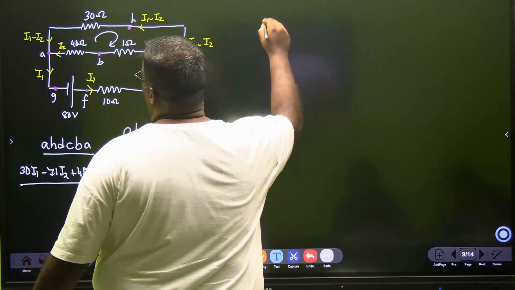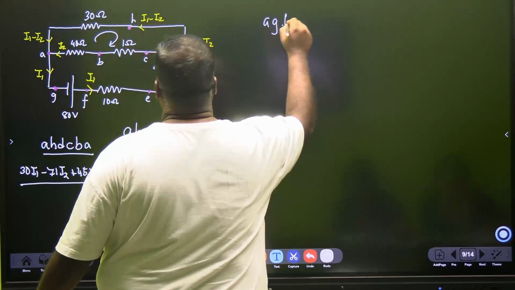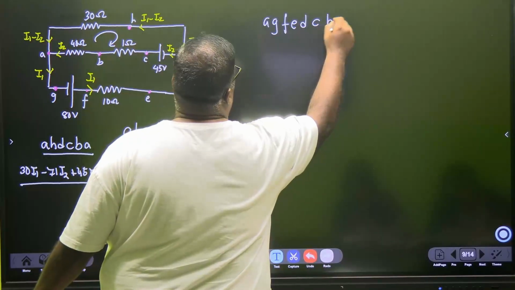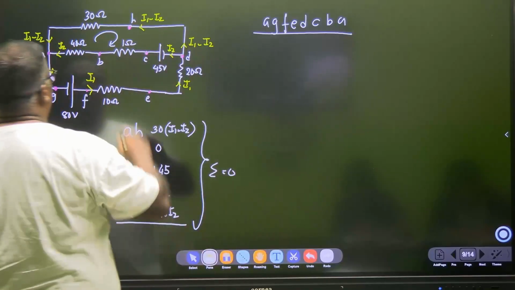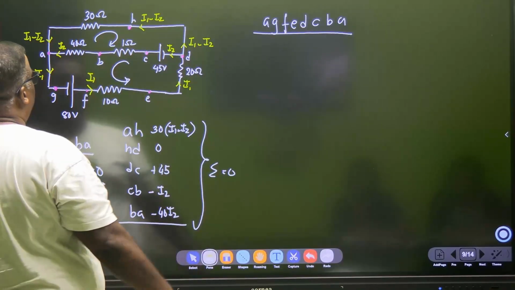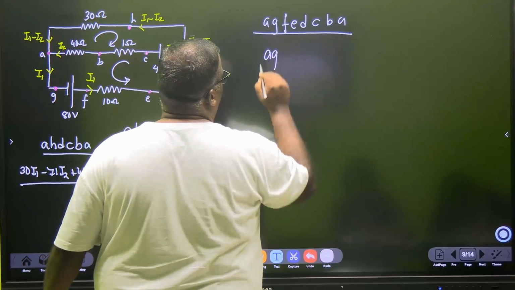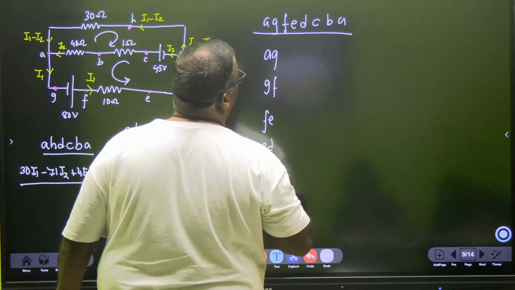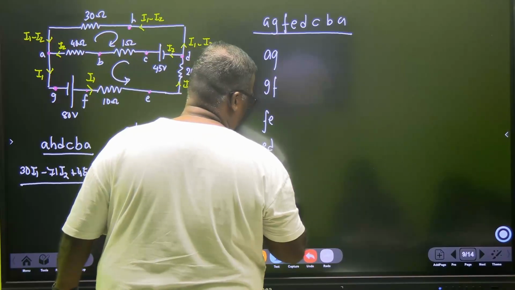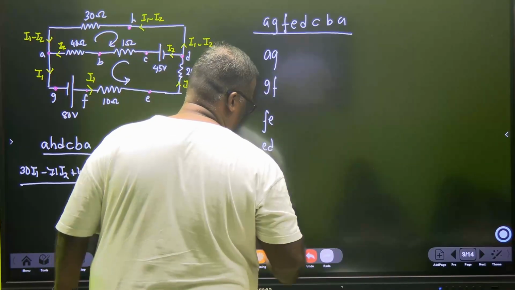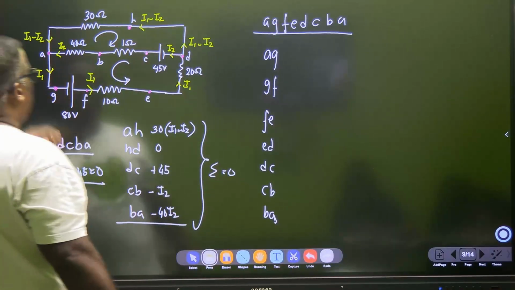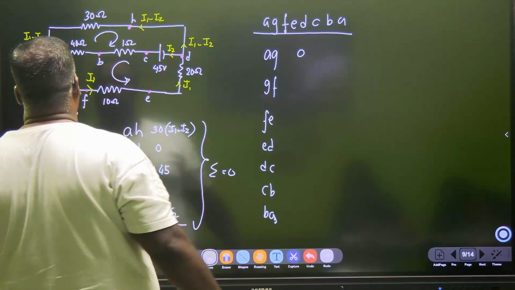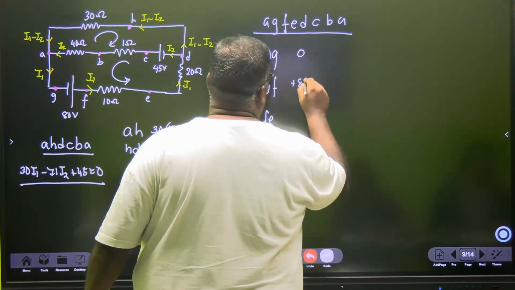Next we take a loop. Next loop would be A, G, F, E, D, C, B, A. I am complicating it as much as I can. And you're moving this way now. Okay? So AG, GF, FE, ED, DC, CB, BA. Come on. AG, A to G, 0. No potential drop. G to F, I have a buildup of positive 80.